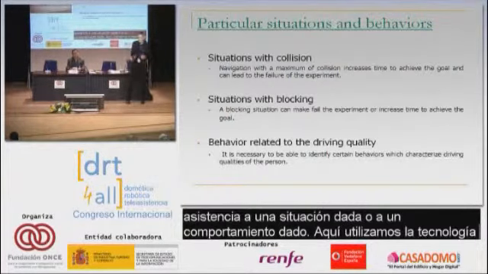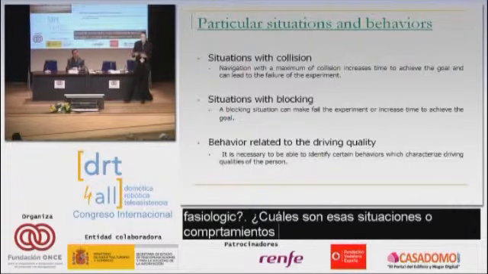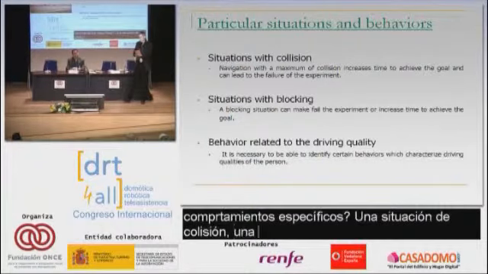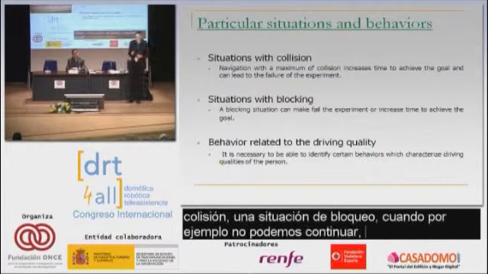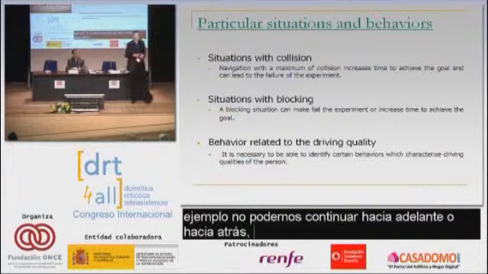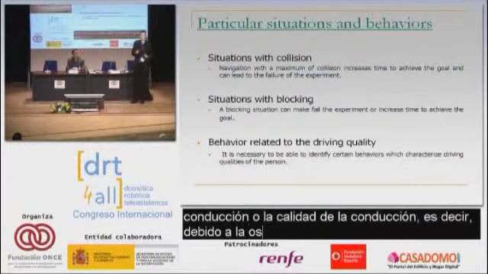What are particular situations and behaviors? Situations with collision, situations with blocking, where the person cannot go to the front or to the back, or behaviors that qualify the quality of the driving. For example, oscillation, or staying parallel to the wall.